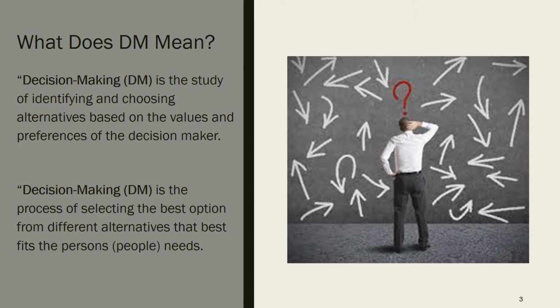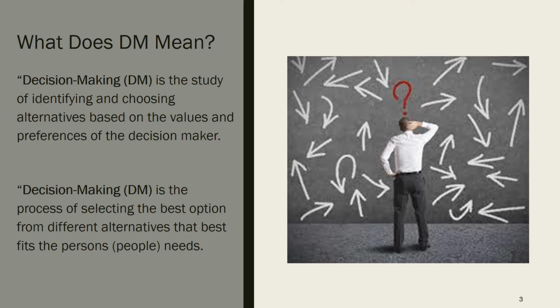In this case, we have to make our decision based on our needs, our ability, and the feasibility of that option. So we can say that decision making, or DM, is the study of identifying and choosing alternatives based on the values and the preferences of the decision maker.